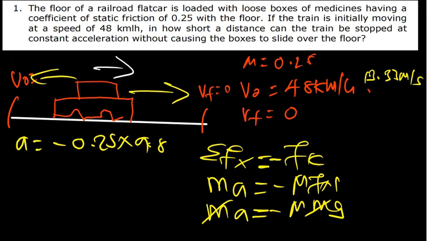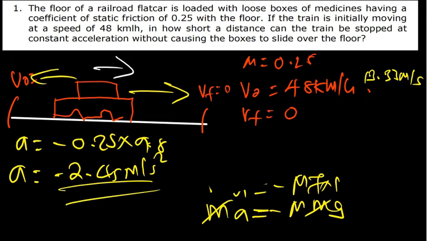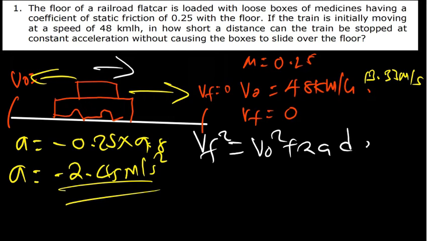So what is 9.8 times 0.25? I'm getting my acceleration to be negative 2.45 meters per second squared. Now that we have our acceleration, we can find the distance. Since we don't have time, the only formula which can work is the third equation, where we say the final velocity squared equals the initial velocity squared plus 2ad.